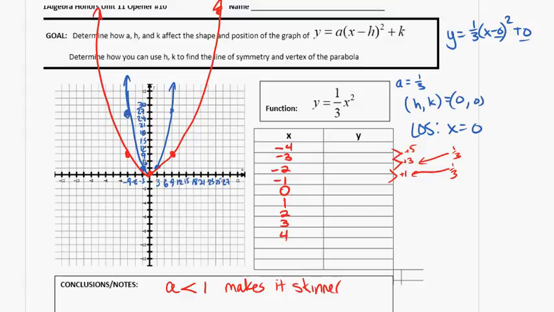Now this is going to be hard to plot, but it should show you the jump pattern at least. 0, 0. -1, 1/3. -2, 4/3. -3, 9/3. -4, 16/3. And the same mirrored here. 1/3, 4/3, 9/3, 16/3. And that should look a little familiar. 1, 4, 9, 16. They're just thirds, right?